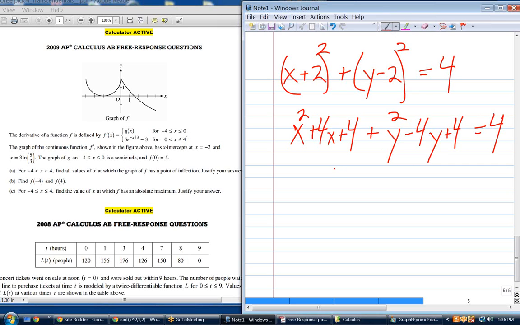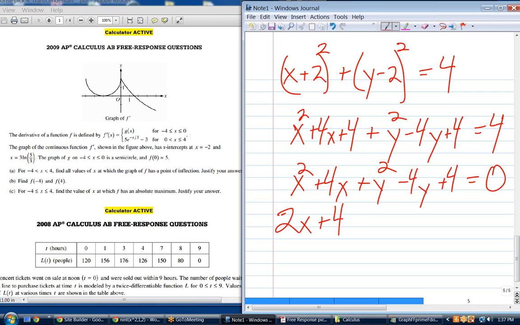Okay, if I implicitly differentiate this, let's see. To solve for dy/dx, I get 2x plus 4 plus 2y prime minus 4y prime equals 0.